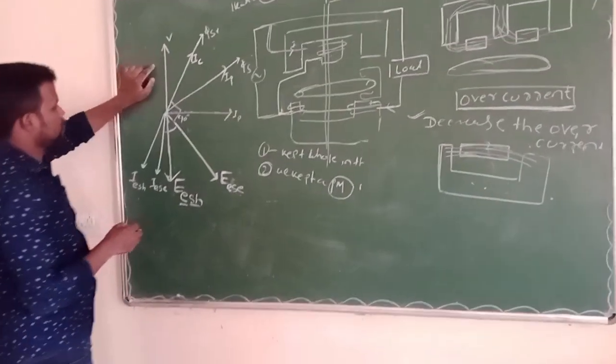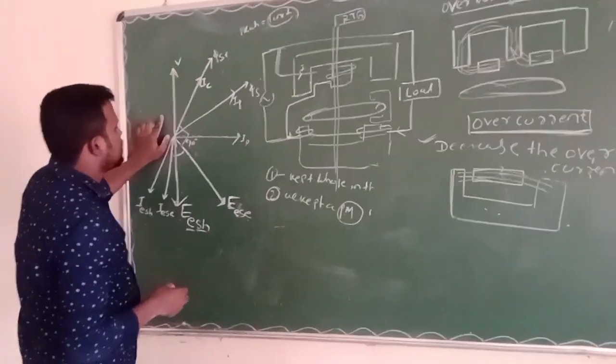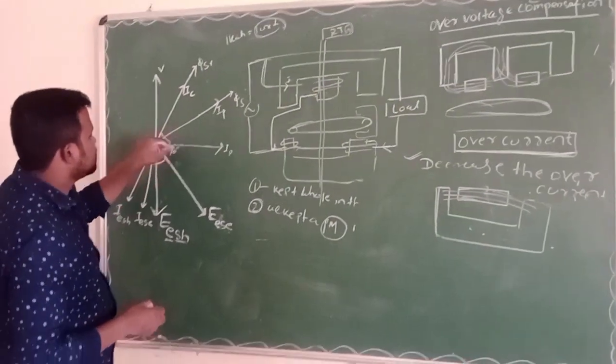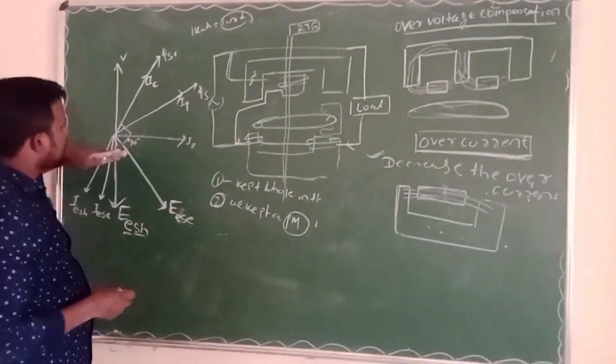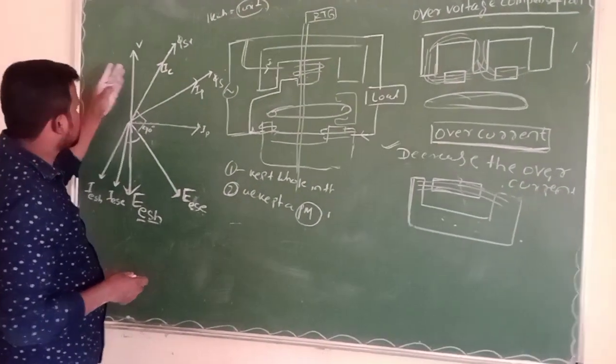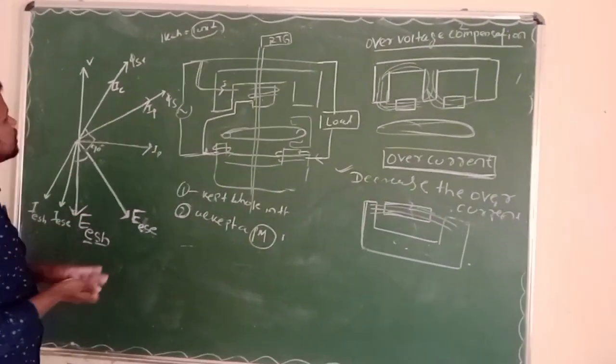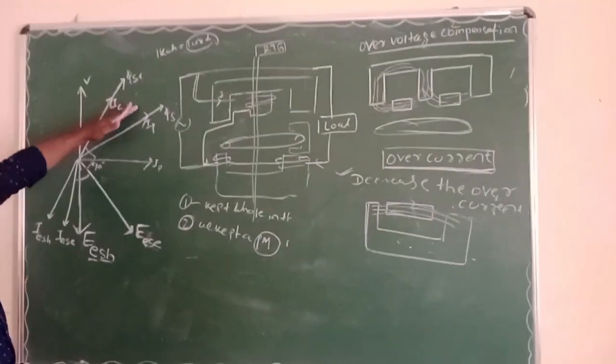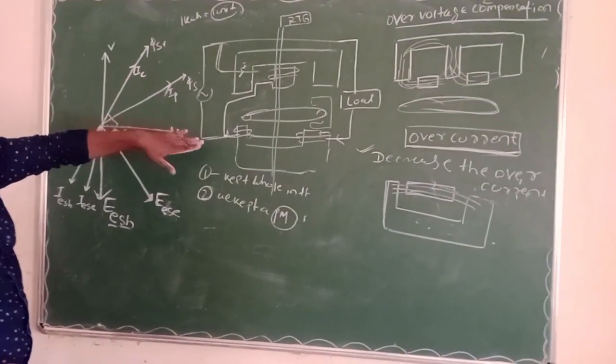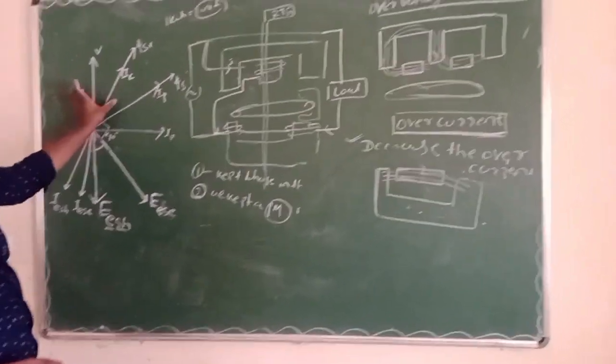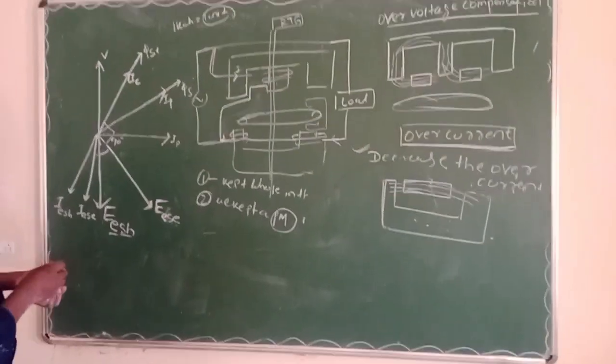The pressure coil current should lag behind the supply voltage in the ideal condition. In the practical condition, it has some phase lag difference from the supply voltage, and the current coil has more resistance, so it is nearer to the voltage.